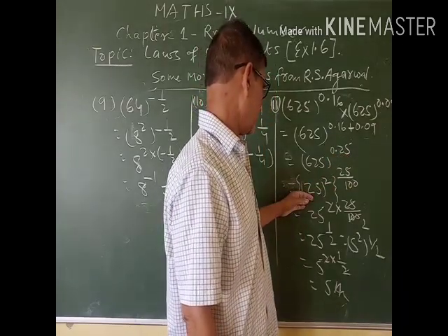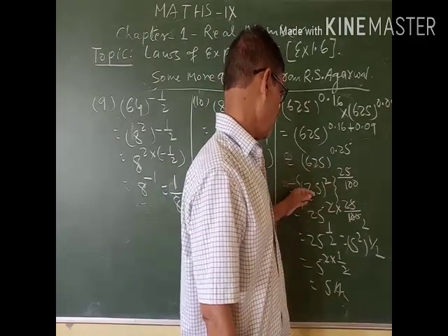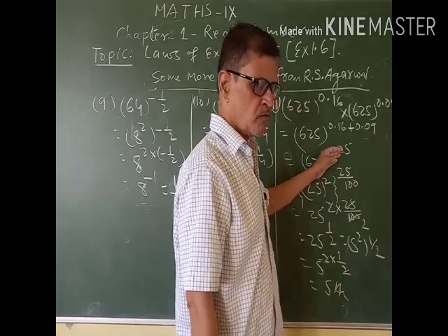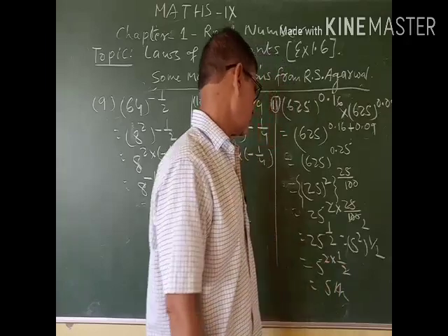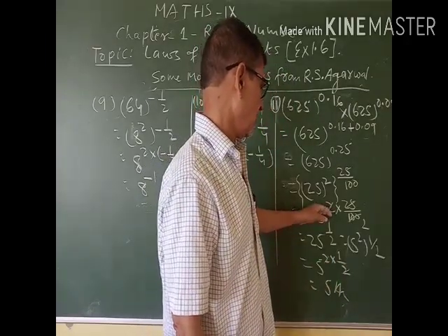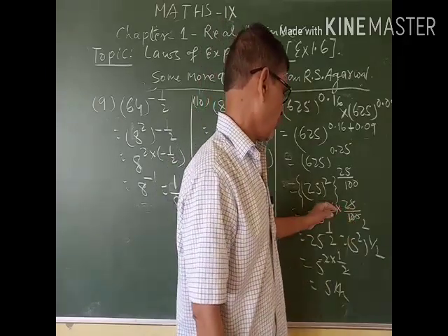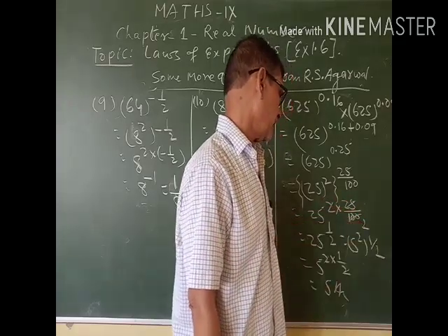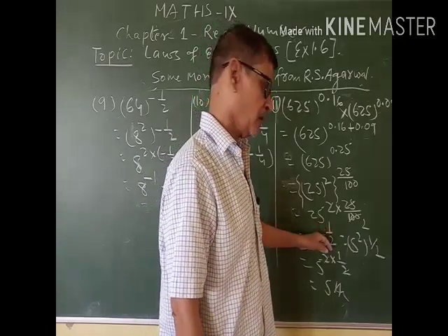You can write 625 as 25 square, to the power, and here remove the decimal: 25 by 100. Now it will be equal to 25 square into 25 by 100. 25 twos are 50, 50 twos are 100, and this will be equal to 25 to the power 1 by 2.